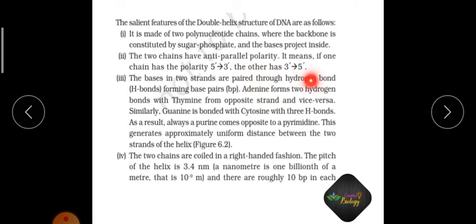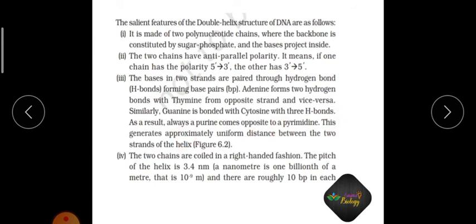The bases in the two strands are paired through hydrogen bonds forming base pairs. This we have already discussed with the Chargaff rule. Adenine forms two hydrogen bonds with thymine from the opposite strand and vice versa. Similarly, guanine is bonded with cytosine with 3 hydrogen bonds.